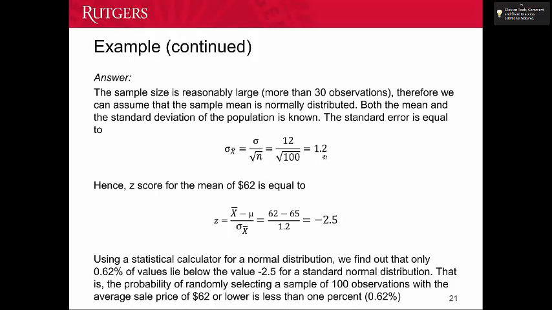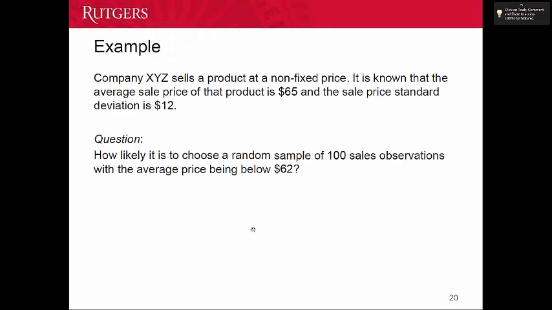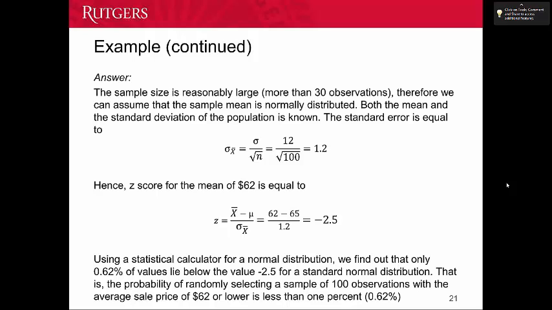So it gives us 1.2. Hence, the z-score for the mean of 62 equals minus 2.5. So we use this formula. Once we get the z-score for the mean of $62, we can use a statistical calculator for normal distribution to find out how many values lie below minus 2.5.